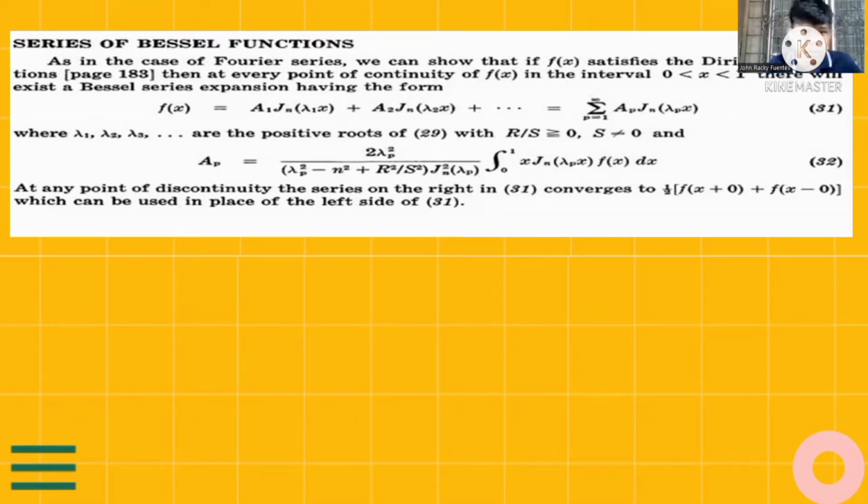At any point of discontinuity, the series on the right in 31, which is ito ngayon na sa taas, yung f of x, a sub 1 j sub n lambda sub 1 x, tapos yung mga kasunod pala, converges to 1 over 2 of f of x plus 0 plus f of x minus 0, which can be used in place of the left side of the third one. Parang pwede siyang magagamit mo rin siya sa kasama nun sa third one, left side.